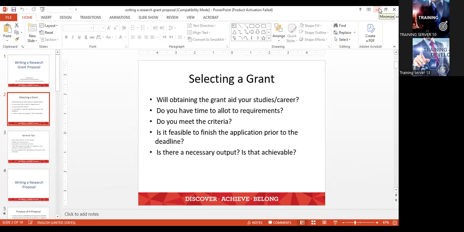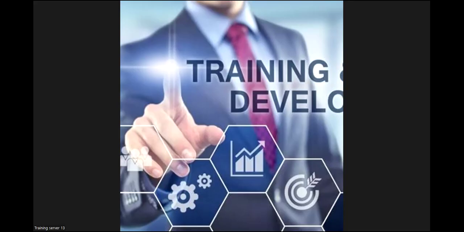So while we are working on that project, we have to be sure that it meets all of the criteria that will help us gain the success we are planning for.